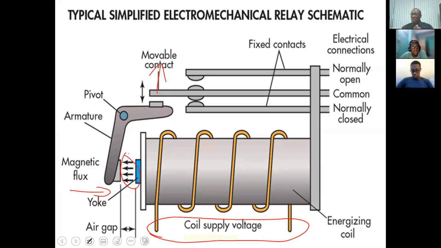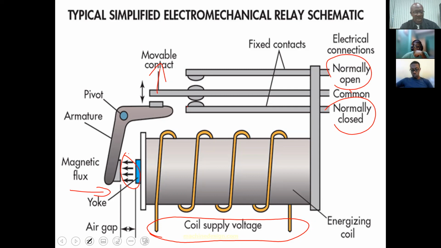All right. Remember that these contacts are shown in their de-energized state. So the normally closed will be closed when de-energized, as we are seeing here. The normally open will be open when de-energized. Once we have energized the relay and we have operation, then the normally open will close and the normally closed will open.